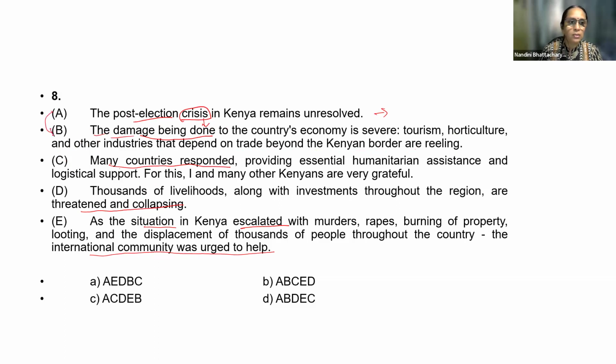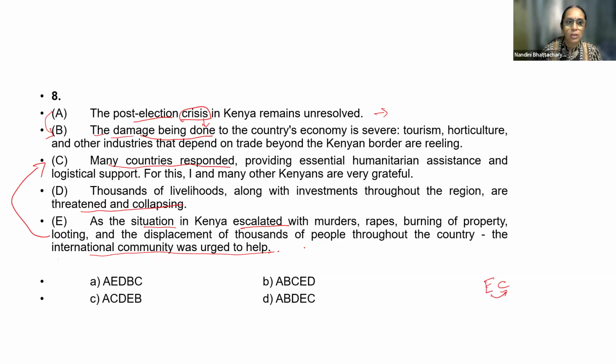C says many countries responded providing essential humanitarian assistance. So now if you look at E, the international community was urged to help. Many countries responded. This can form a mandatory pair. So E and C go together in this order.